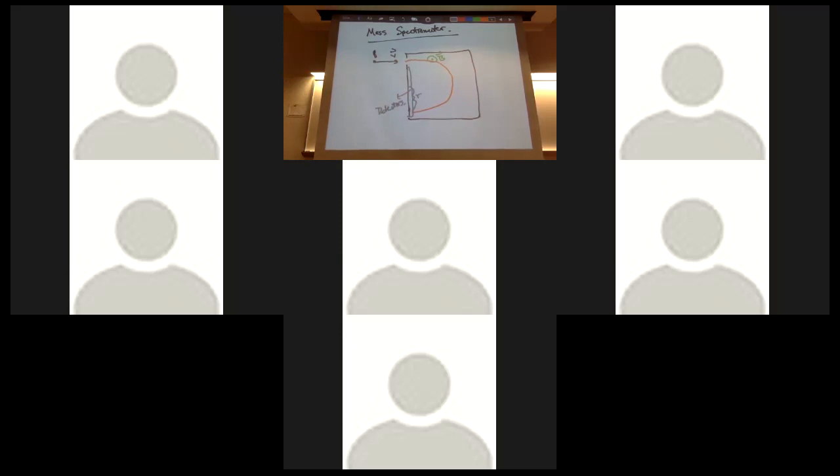Again, we know the only force acting on this is going to be the magnetic force. So here I'm going to have V times B times Q equal to mv squared over r, or uniform circular motion again. Again, the V's are going to cancel. So from here, I can measure something like the mass of this charged particle.